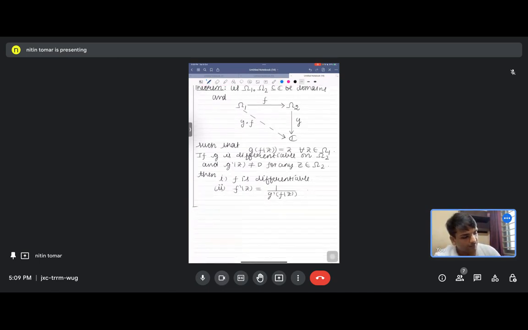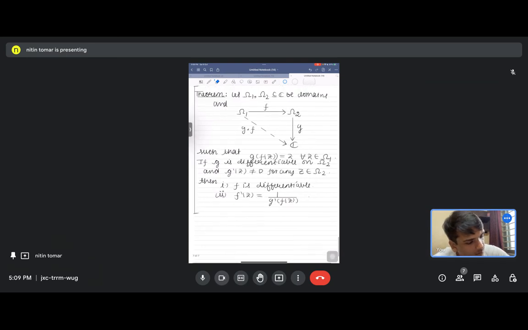What did we have on C? I'll write here so that it is clear how we are going to apply this theorem. Blue pen means it is not a part of this theorem.